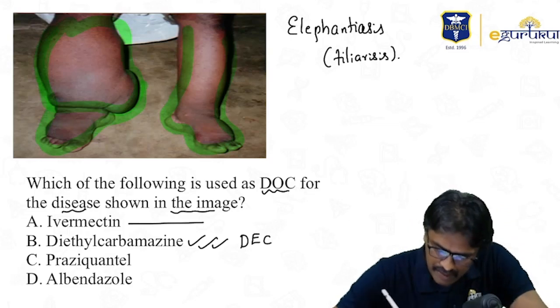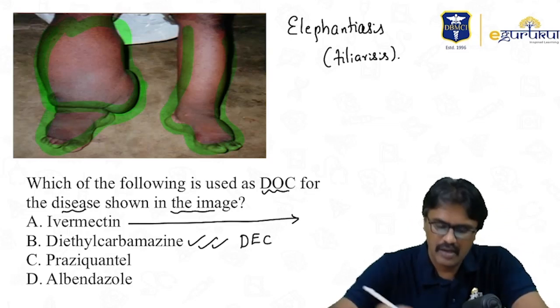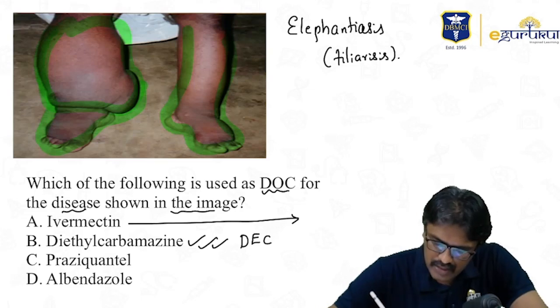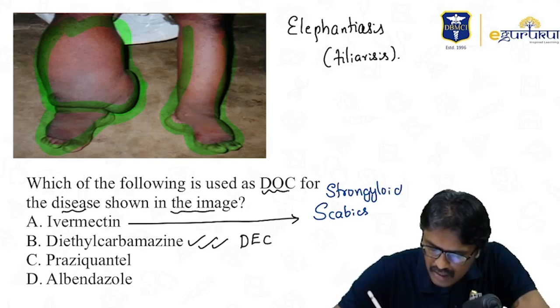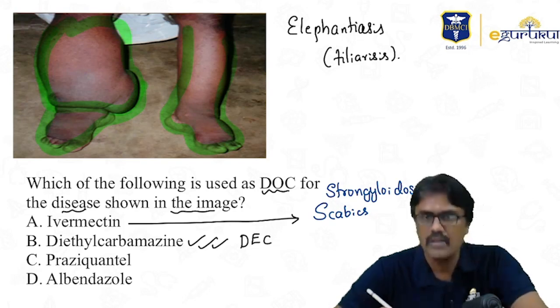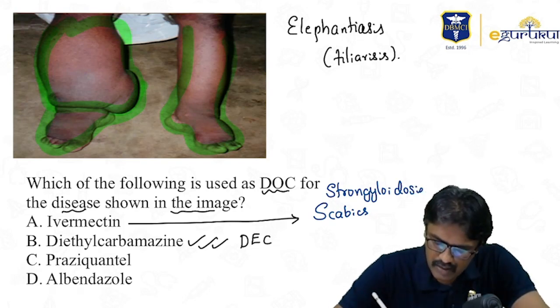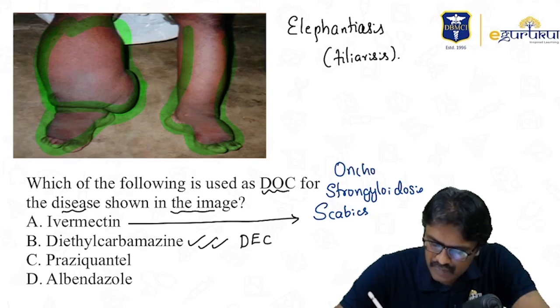Now, what about ivermectin? Ivermectin is one of the drugs used for a condition called scabies. It can be used for scabies, also for strongyloidosis, and also it is used for one more condition called river blindness, that is called onchocerciasis.